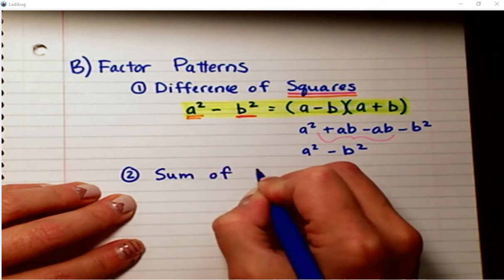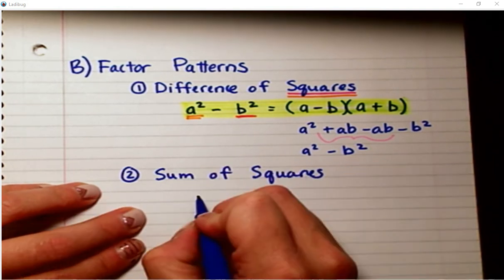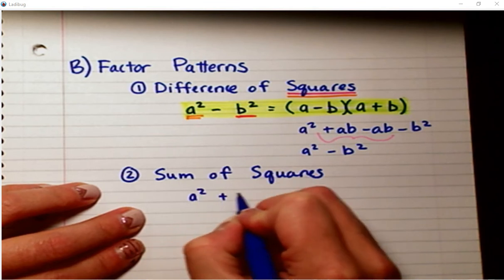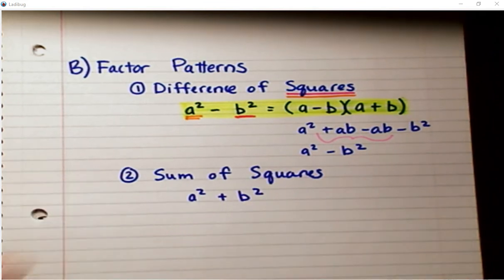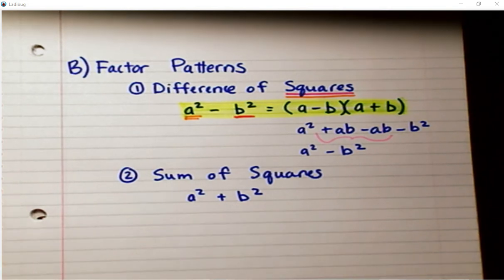Sum of squares does not factor. Right? There's no way to get a positive in between these numbers and have no middle term.